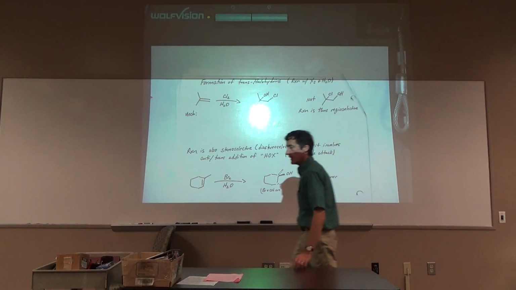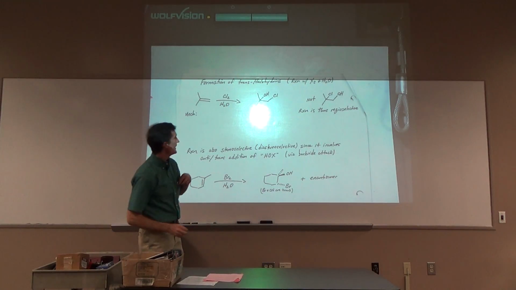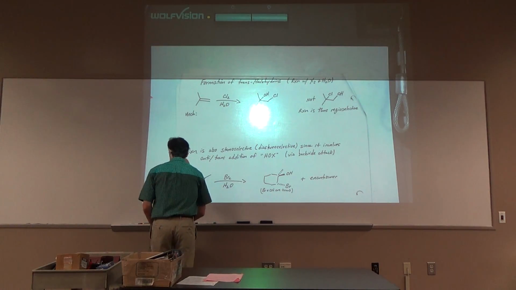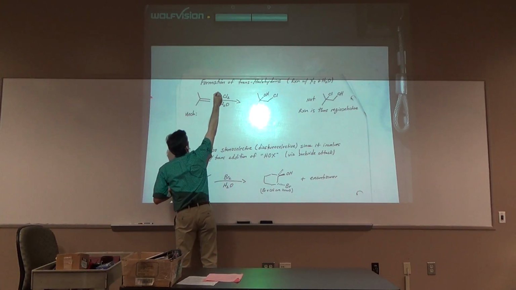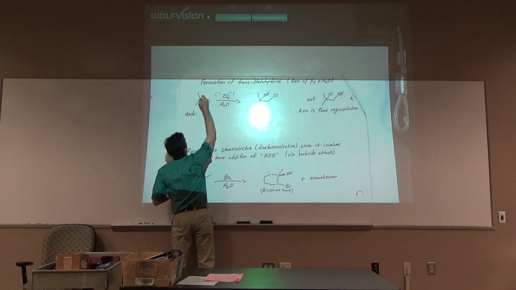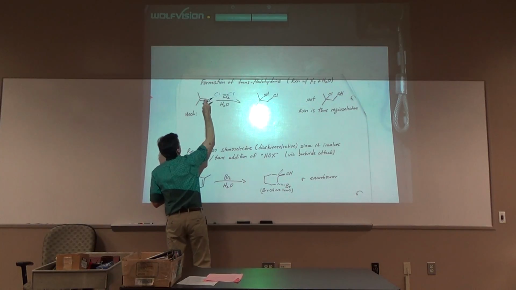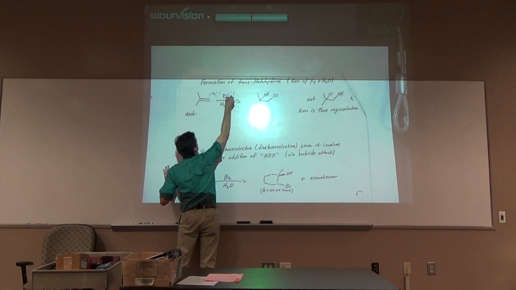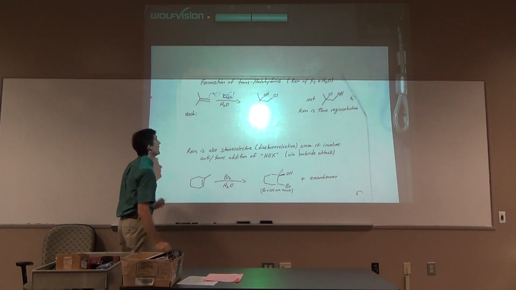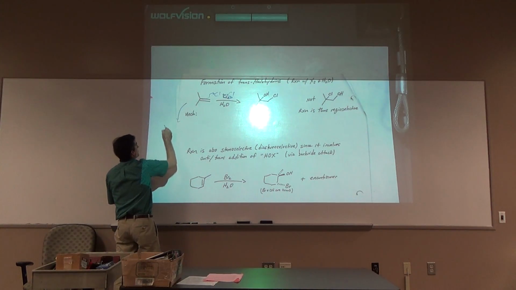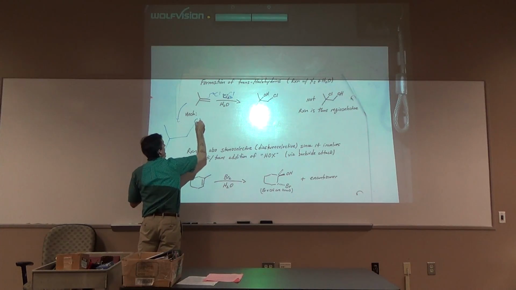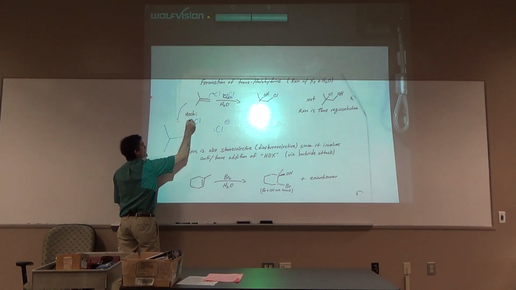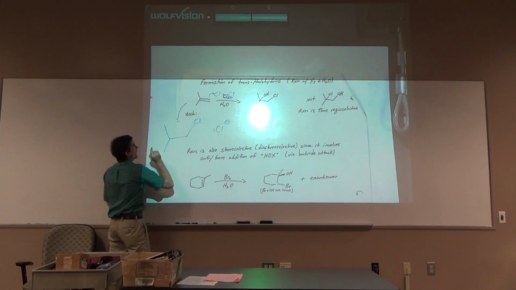Mechanism. The first step is formation of the chloronium ion. So we have our chlorine. Electrons attack chlorine. Where are we going to leave the cation, left or right? Left. Attack chlorine, kick off the leaving group, which becomes halide minus. Cation here.